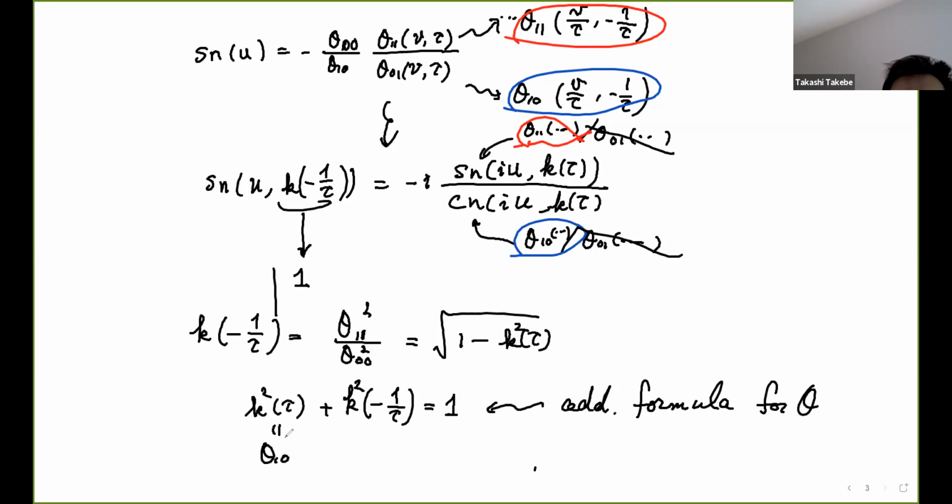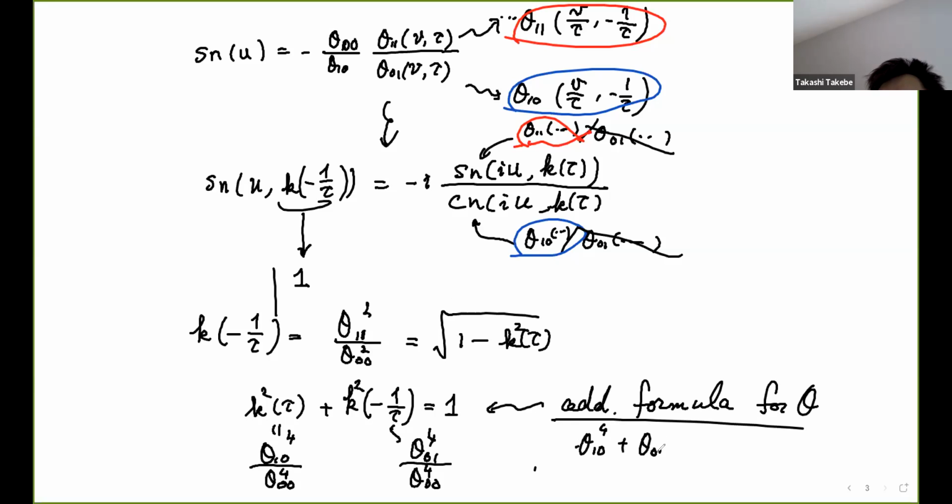And by some limit of the addition formula, we can prove that the fourth power of theta 1, 0 plus the fourth power of theta 0, 1 is equal to the fourth power of theta 0, 0.